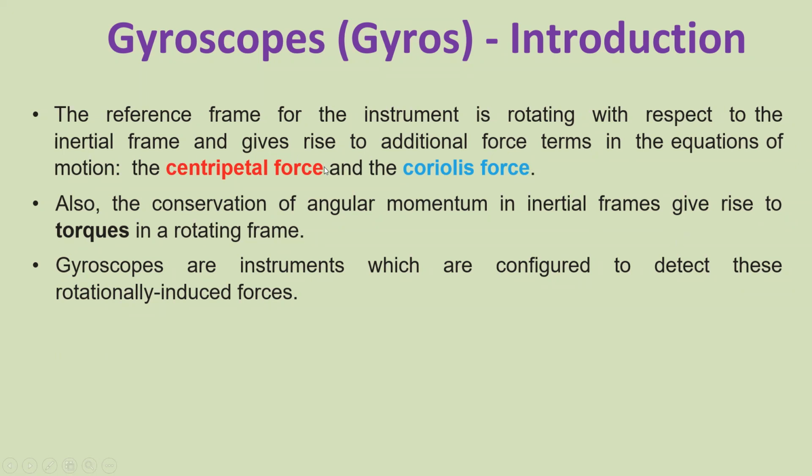This force is directed out from the center, and its direction will depend on the direction of the linear velocity and the direction of the rotational vector, or where the angular velocity or the angular momentum is directed. We will be discussing these two forces separately.